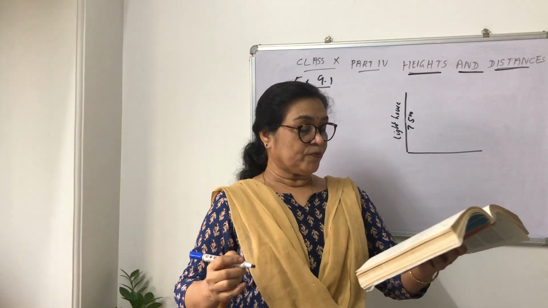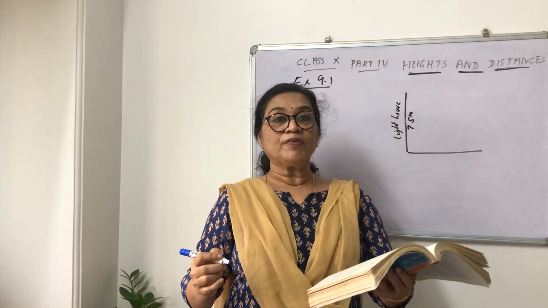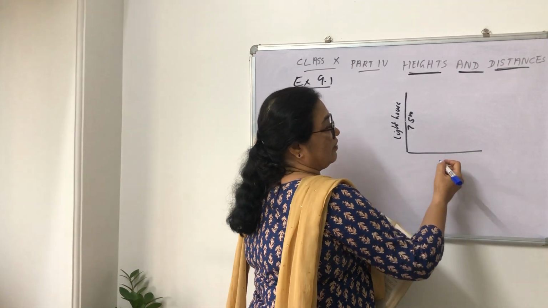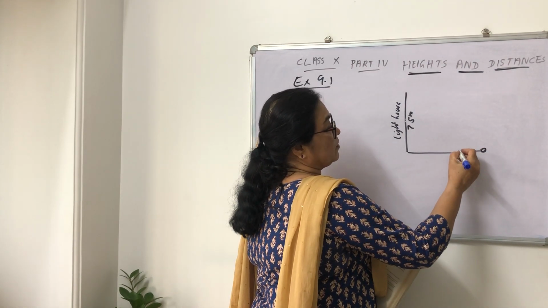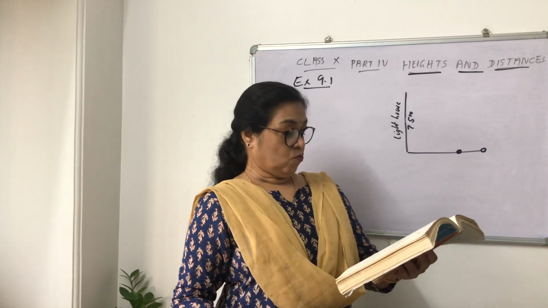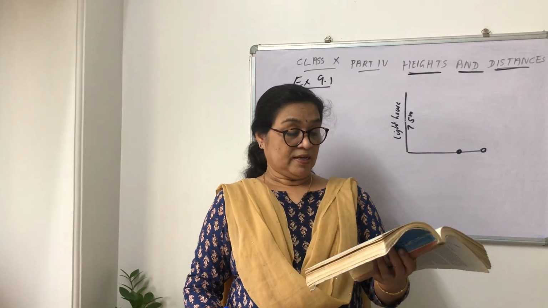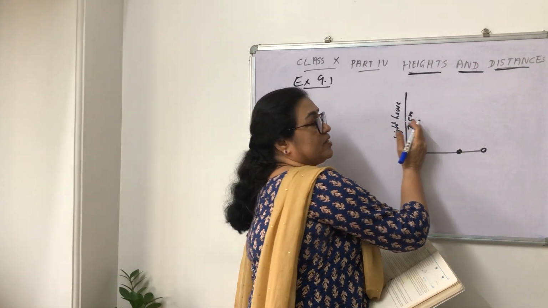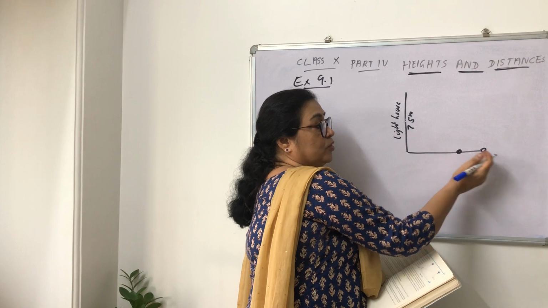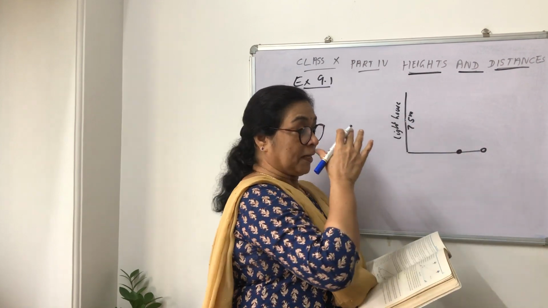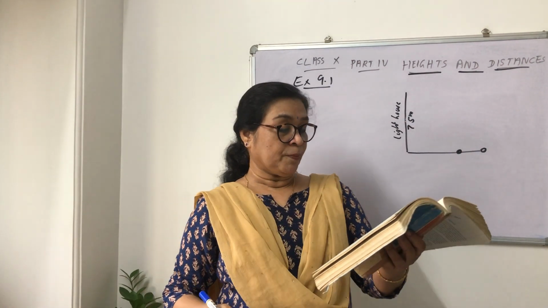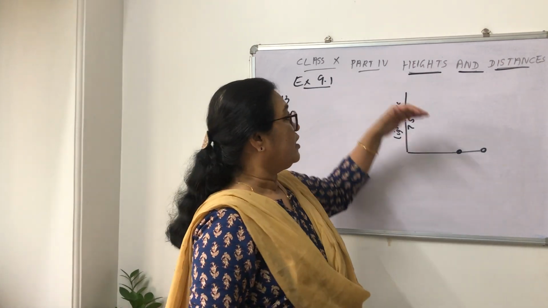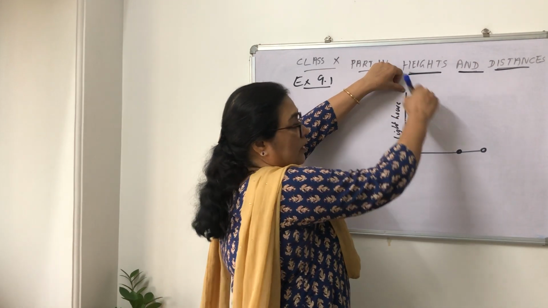From the top of this lighthouse, the angle of depression of two ships, that is, this is the sea level, so there are two ships, one behind the other, on the same side of the lighthouse. Both the ships are on the same side, and the angles of depression of the ships are 30 degree and 45 degree. So from the top you are looking down.